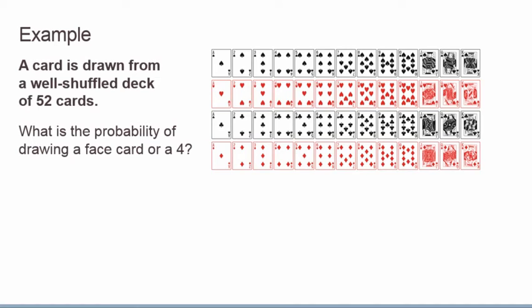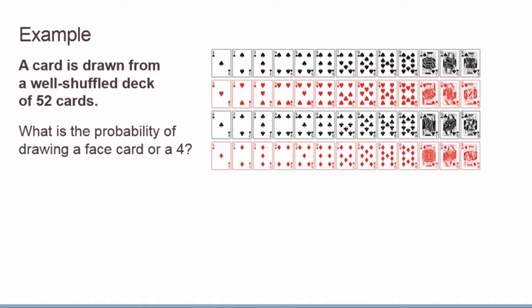Example: a card is drawn from a well-shuffled deck of 52 cards. So we have a picture of a deck of cards. I have the Ace of Spades, 2 of Spades, 3 of Spades, through 10 of Spades, Jack of Spades, Queen of Spades, King of Spades.